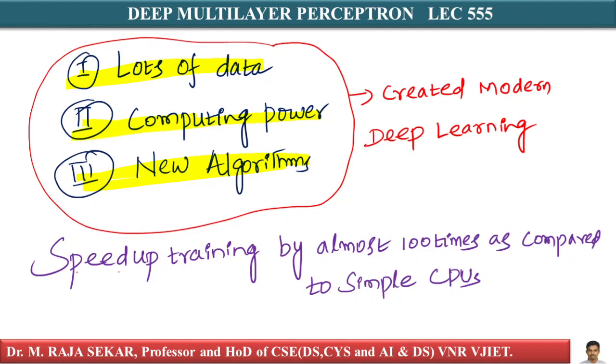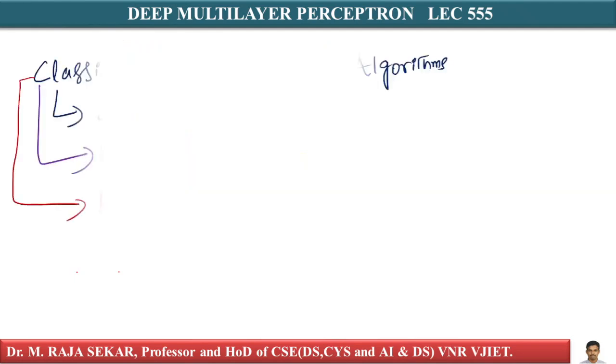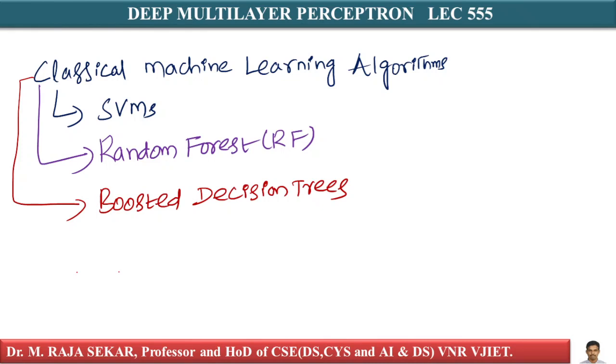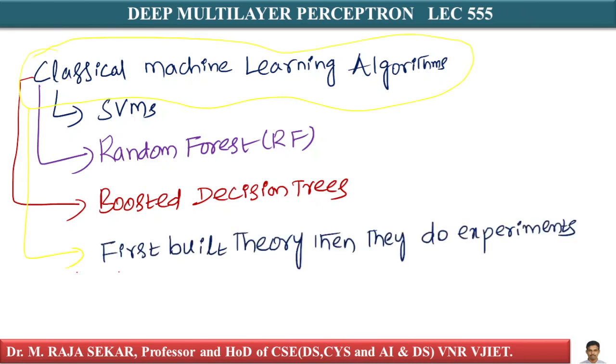There is also one philosophical difference that is happening right now in modern deep learning algorithms. If you recall classical machine learning algorithms, SVMs became very popular in the 1990s, random forests in 2000, boosted decision trees in 2000. All these systems first build great theory, great mathematical theory, and then they do experiments.